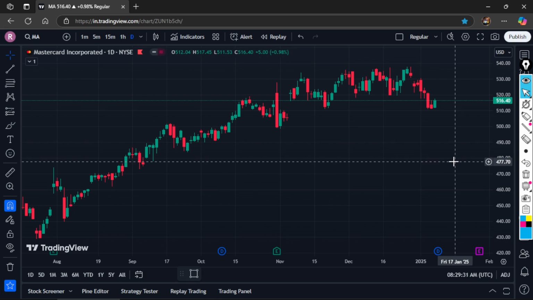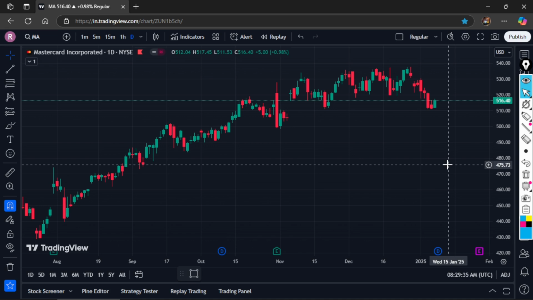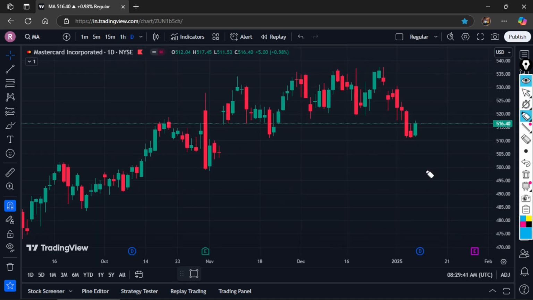Next is Mastercard. Here an interesting kind of concept is here. If we see here, buyers are trying to go upside, but what's happening is buyers have made a barrier kind of pattern here. Here is a barrier.